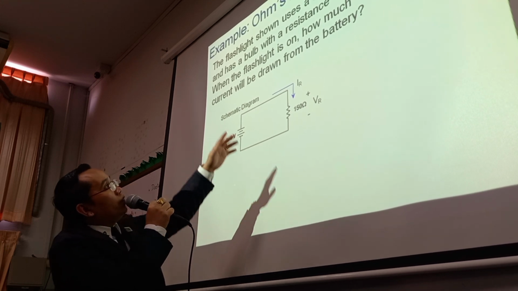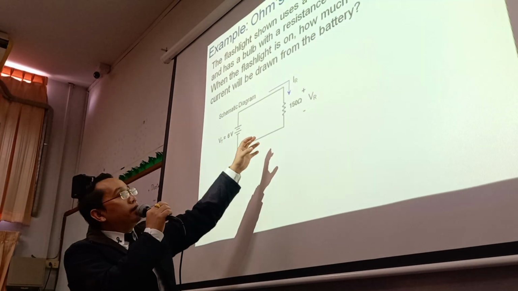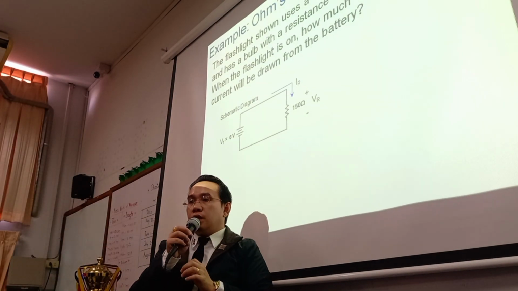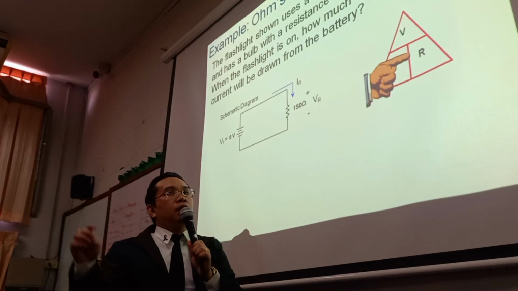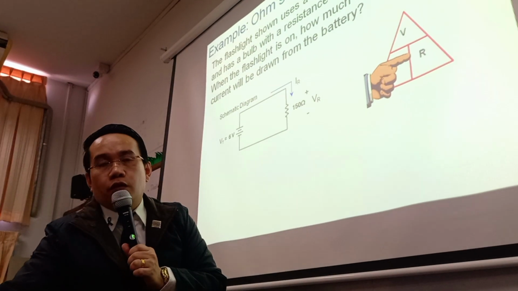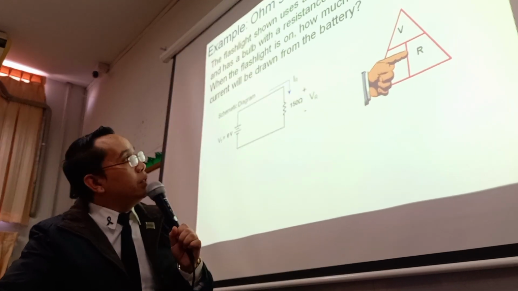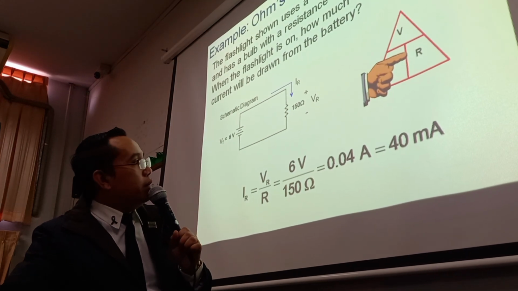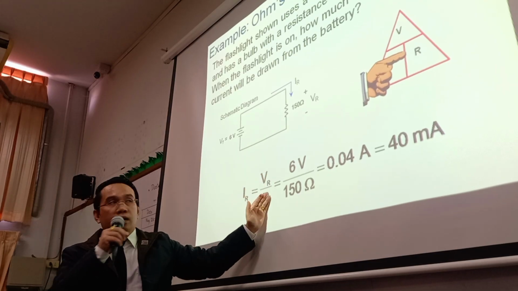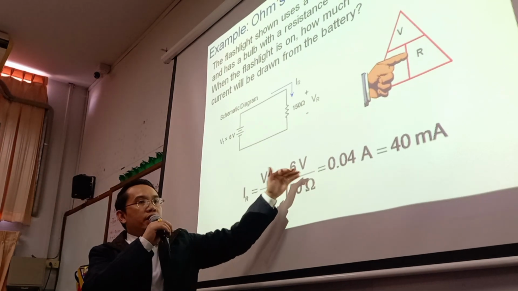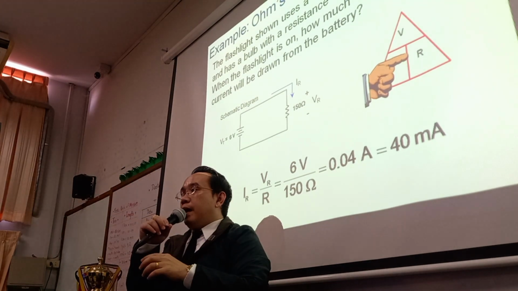Then we need to find the current, so the current here is unknown, and the resistance is already given: 150 ohms. So what shall we do? Since current is unknown, we already know the standard equation: current is equal to voltage divided by resistance. You understand, guys? I is equal to V divided by R. Therefore, 6 volts divided by 150 ohms. Since we have to rely on the unit of amps.